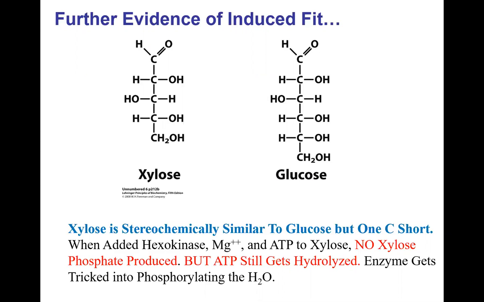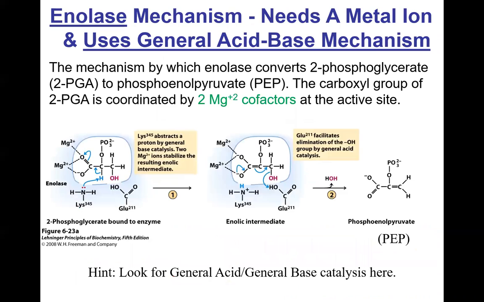But because the 6th hydroxyl group was missing, gamma phosphate from ATP got transferred to water, and you were seeing hydrolysis of ATP. So the enzyme gets tricked into phosphorylating the water molecule. Very cool, very cool.